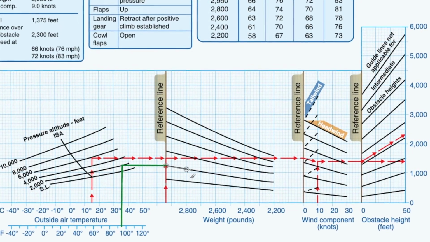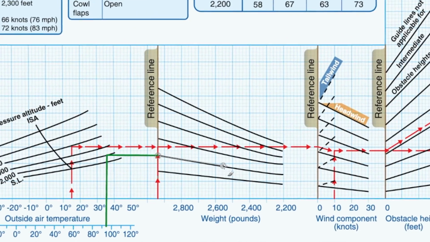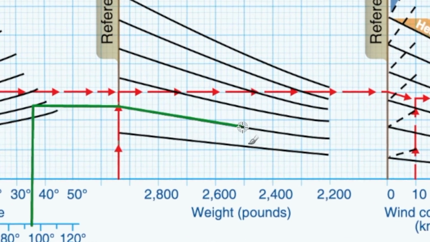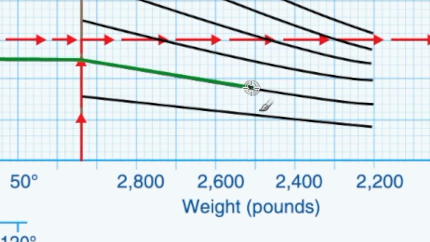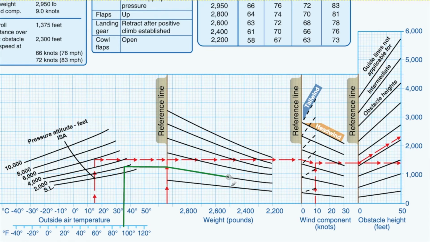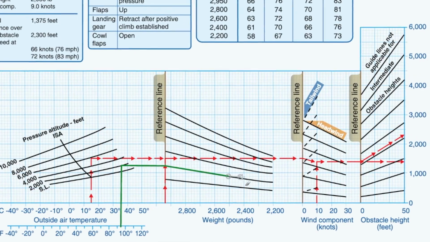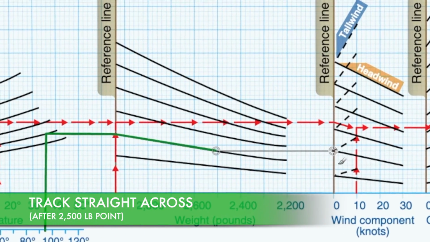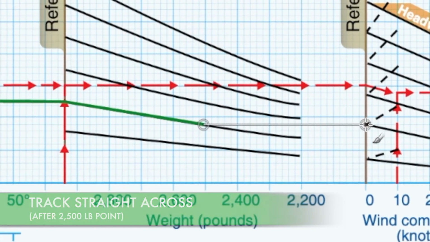So let's do exactly that with our current question applied, and in this case I happen to be almost perfectly overlapping this black guideline here, pretty much tracing right over it, and we will come to a stop at the point where we meet the guideline we drew for ourselves for the weight of 2,500 pounds. And from that point we will proceed straight across, this time no longer parallel with the black lines beyond the point of 2,500 pounds.